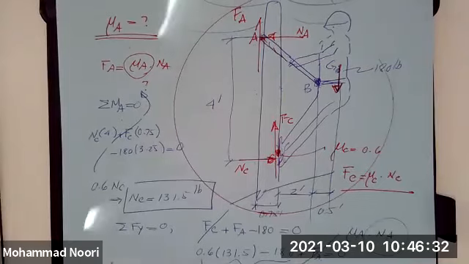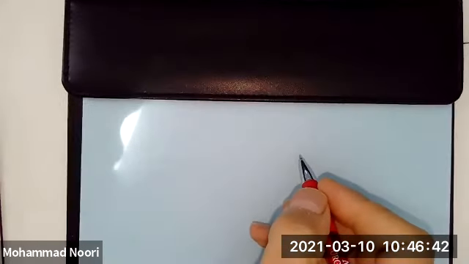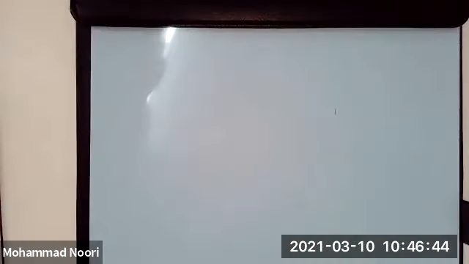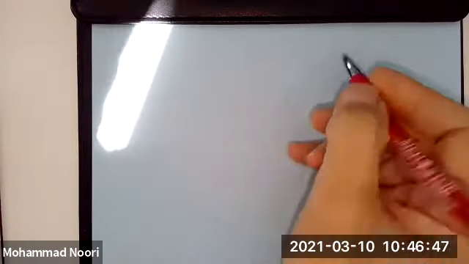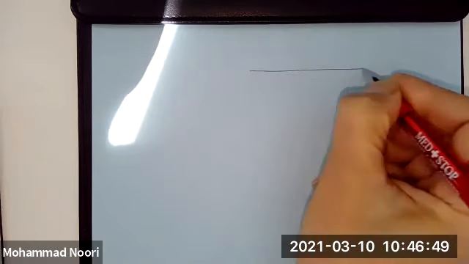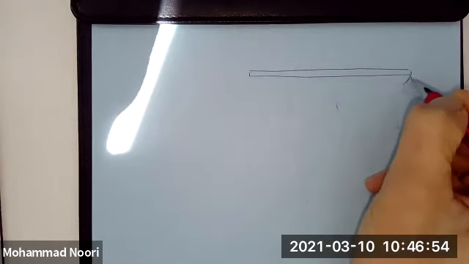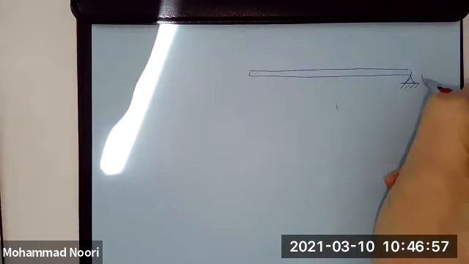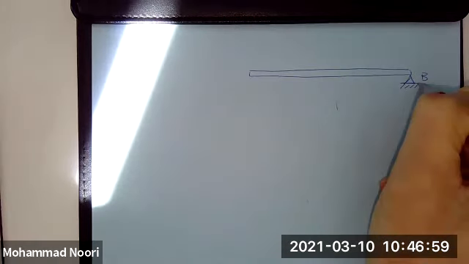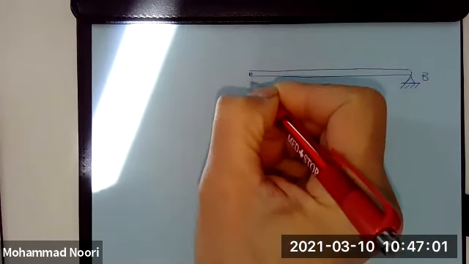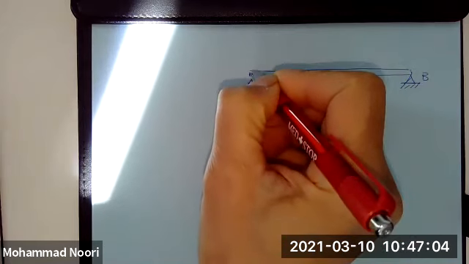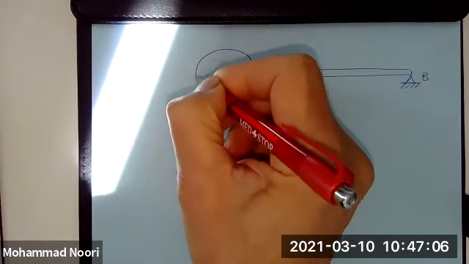Okay? All right, so let's move on to the next problem. The third problem that I have selected for you is this. You have a beam. The beam is a sort of mechanism that is connected to a pin at point B at one end, and at this end is pinned to a circular disc.